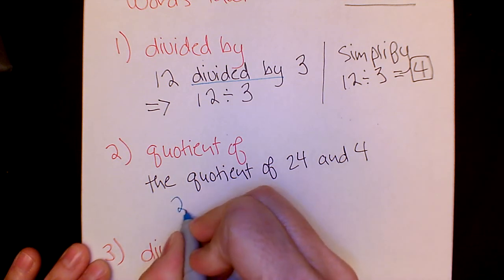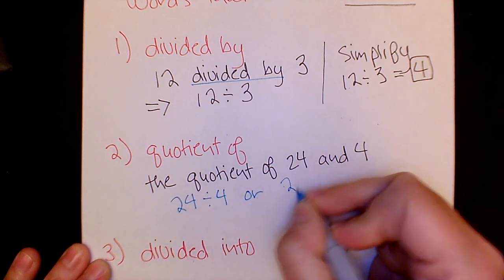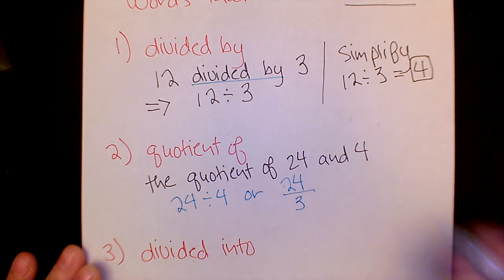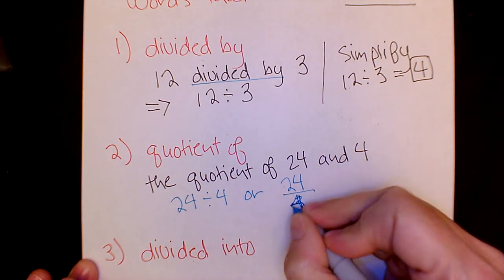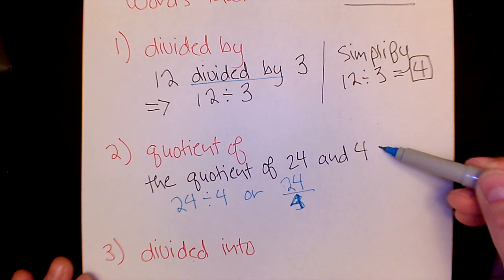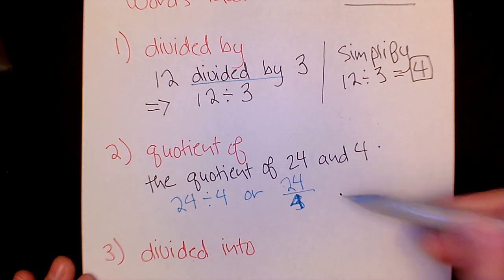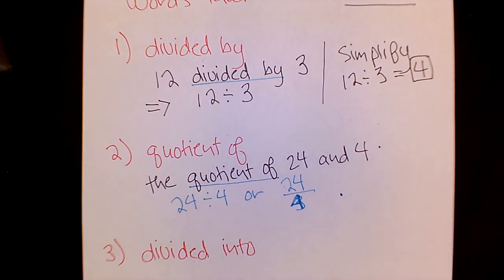That just means 24 divided by 4, or you could write it 24 over 4, with 24 being on the top and 4 on the bottom. So either way you want to write that is fine. So this is the English, this is the math translation. Quotient of, whenever you see quotient of, that means to divide.